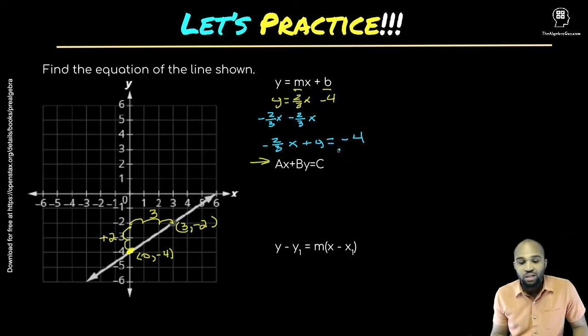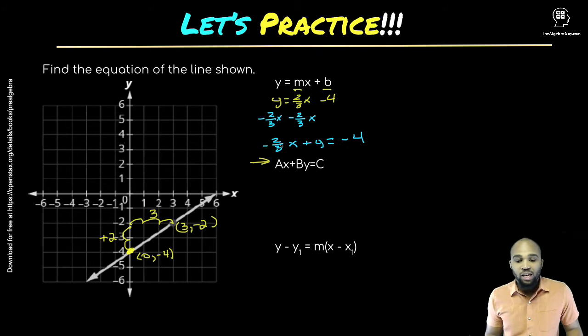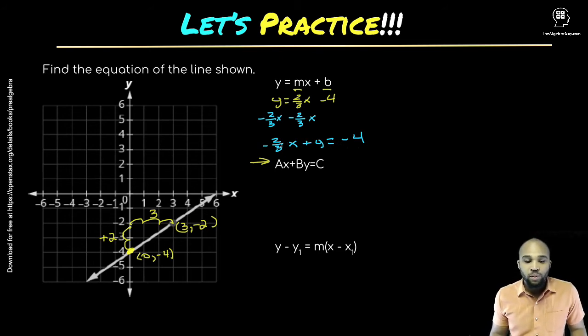I said all I need to do is do that, but I just realized I can't keep it that way, because in standard form you can't have a fraction here. We need everything in integers, especially the first coefficient being positive. So I can multiply everything by -3 to get rid of the 3 on the bottom. Multiply this side by -3 and this side by -3.